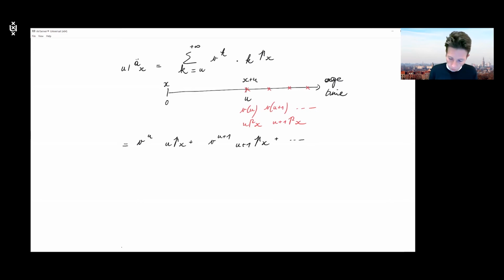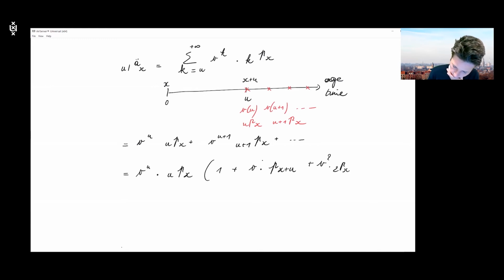And what you know from the multiplication rule is that all these terms have got the following in common. I can put V to the power U times UPX in front, and I'm left with 1 plus V times 1PX plus U, right? Plus V squared times 2PX plus U, and so on and so forth.